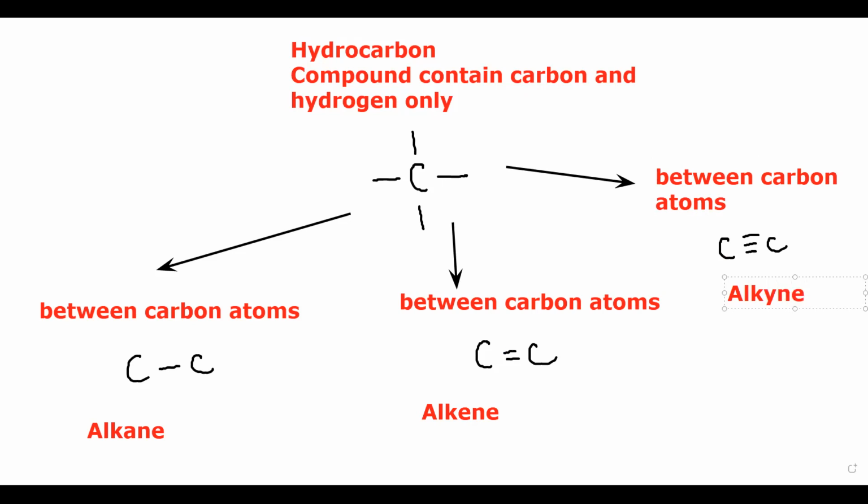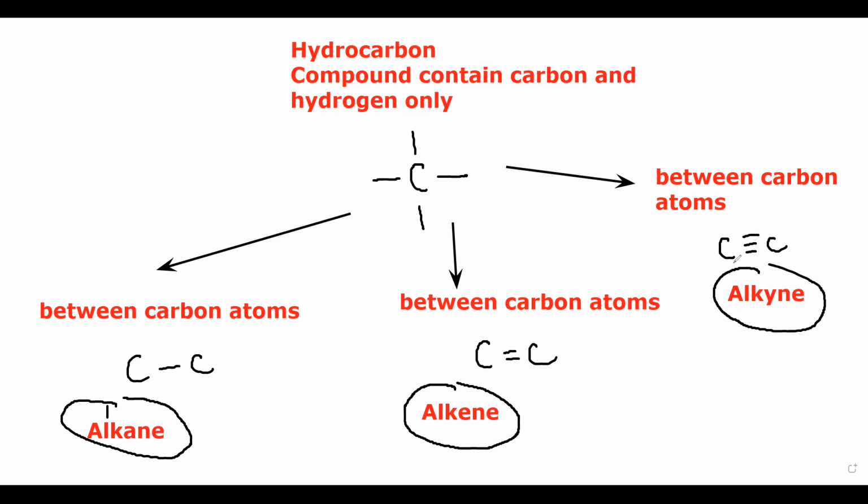So there are three classes of hydrocarbon. If between the two carbon atoms they have a single bond, that class is alkane. If they have a double bond, that class is alkene. And if there's a triple bond, that is alkyne.